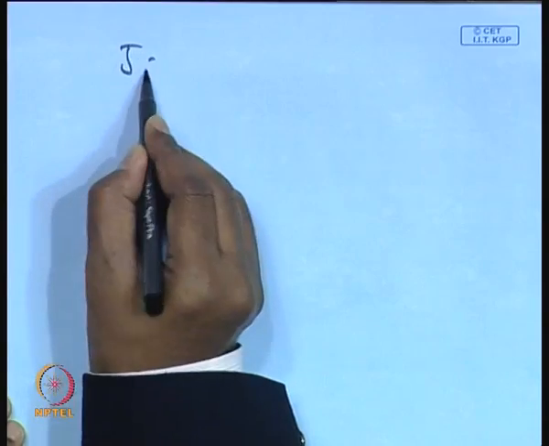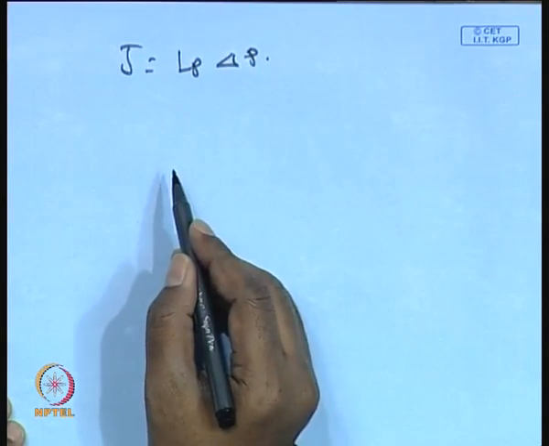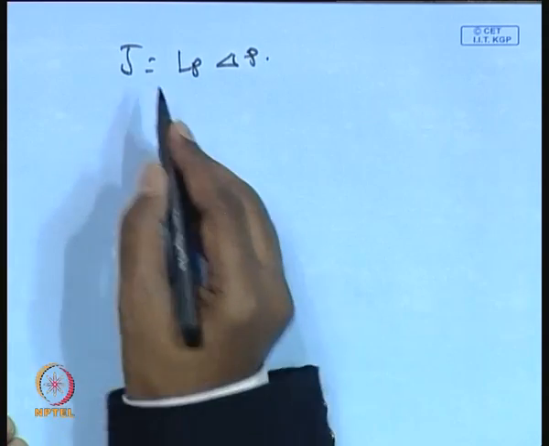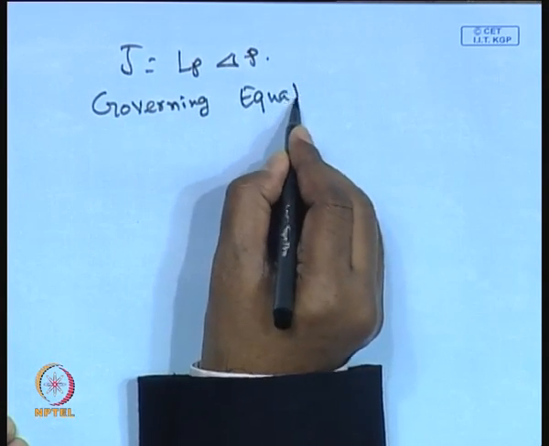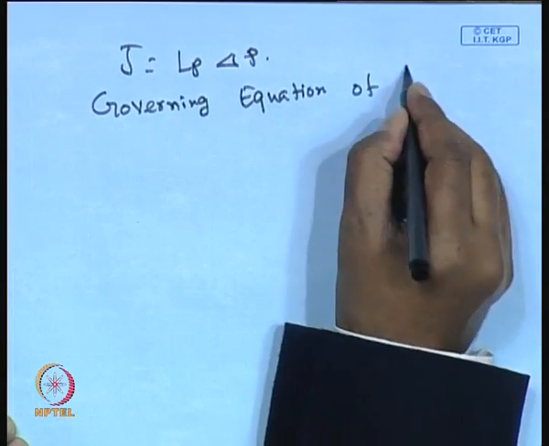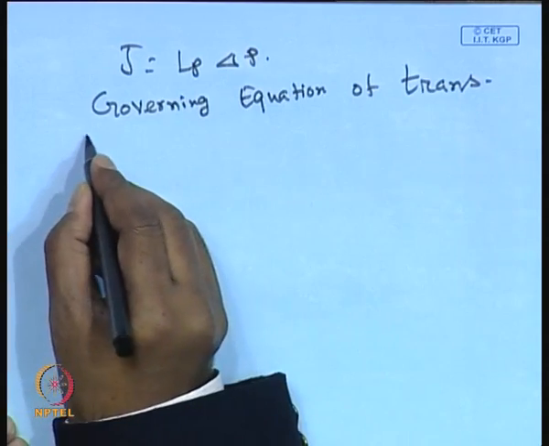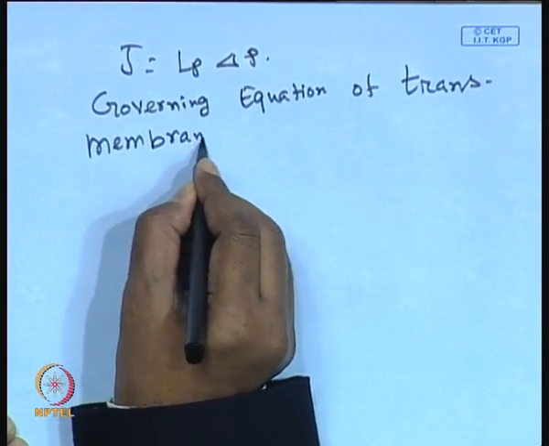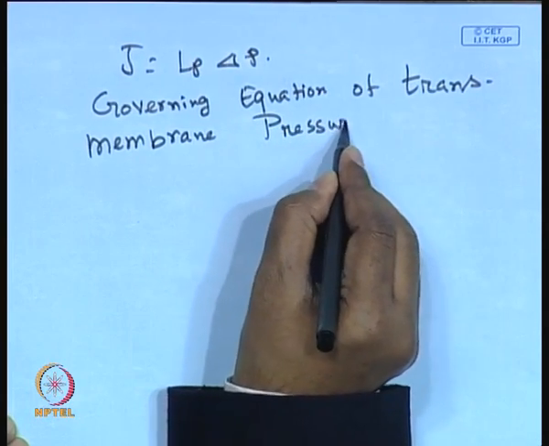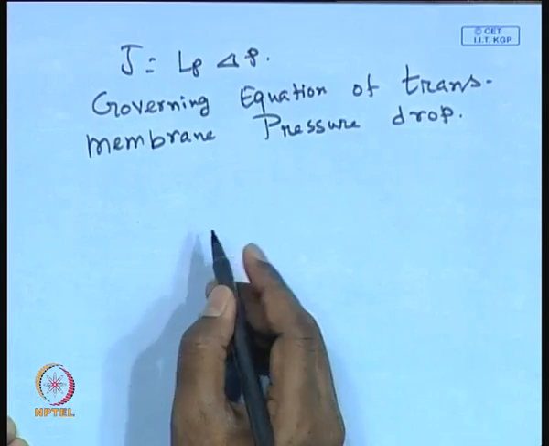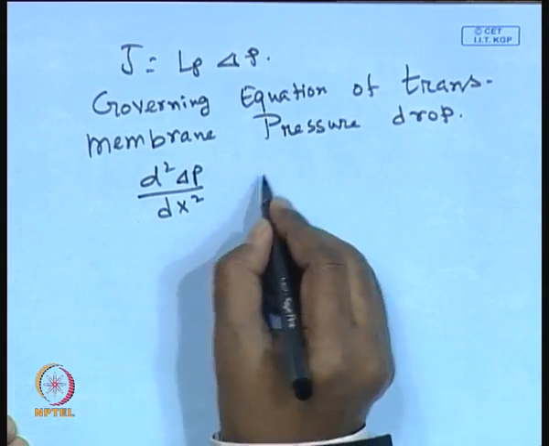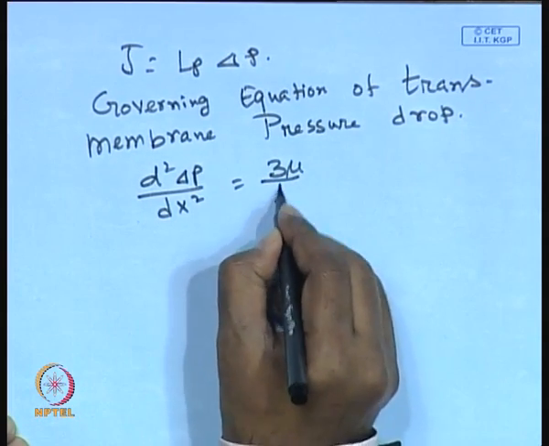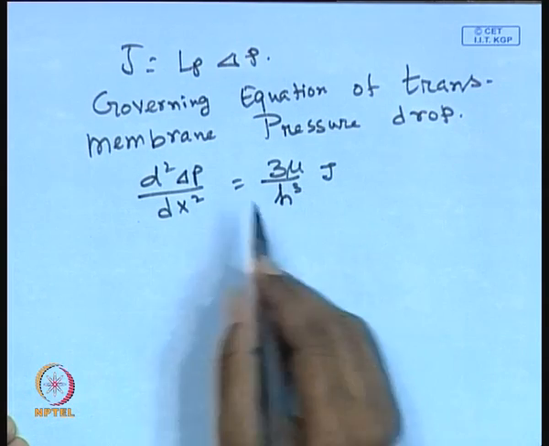So, J becomes Lp del P, and if you look into the expression of the transmembrane pressure drop governing equation, the governing equation becomes d square delta p divided by dx square is equal to 3 mu by h cube times J. We have already derived that.